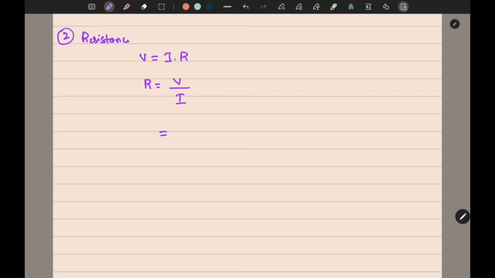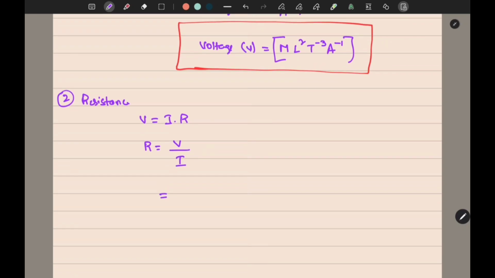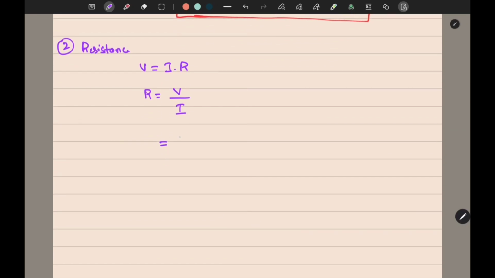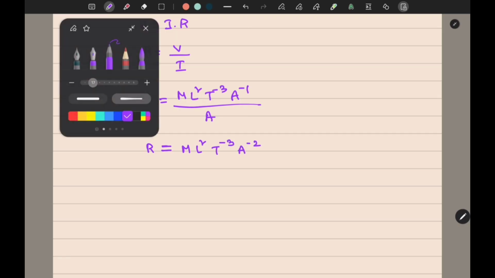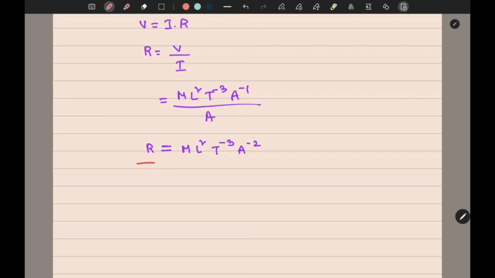We know the voltage dimensional formula we have derived here, that is M L square T power minus 3 A power minus 1, divided by the current dimensional formula A. From this, we can write the dimensional formula of resistance, that is M L square T power minus 3 A power minus 2. This is the dimensional formula of resistance.